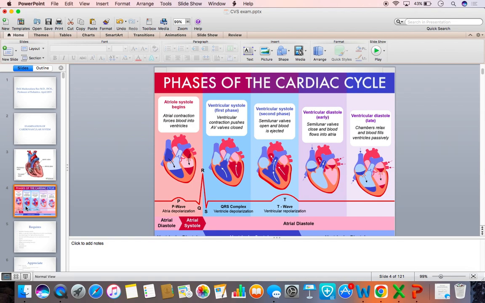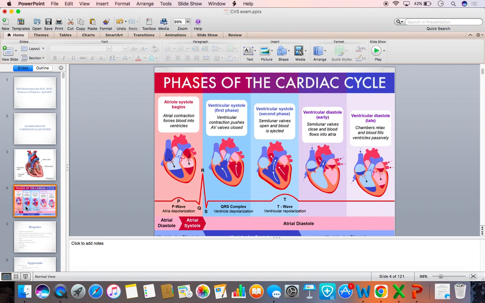This is followed by ventricular systole, the first phase. It is associated with the contraction of the ventricles and pushes the AV valves to close so that blood will not flow from the ventricles into the atria.